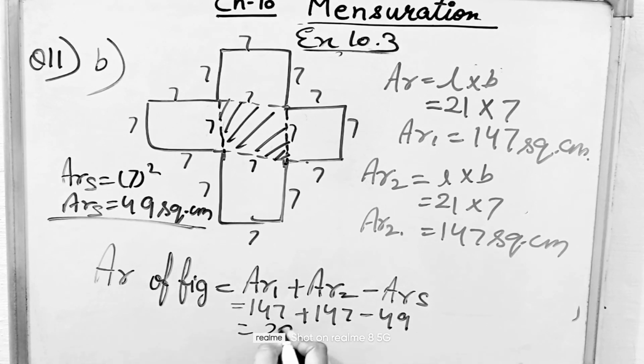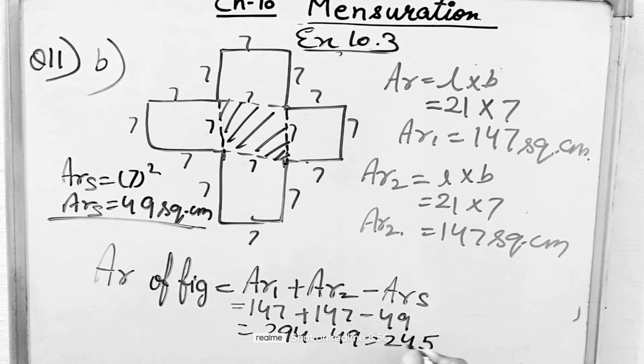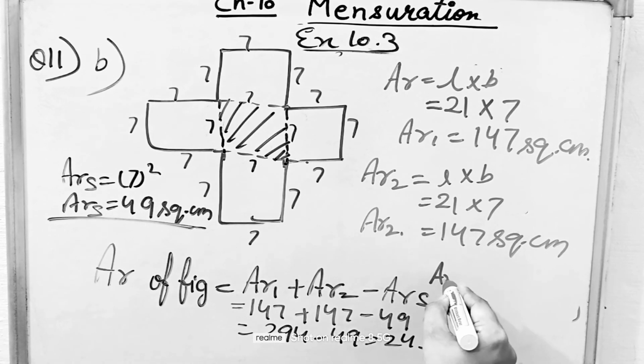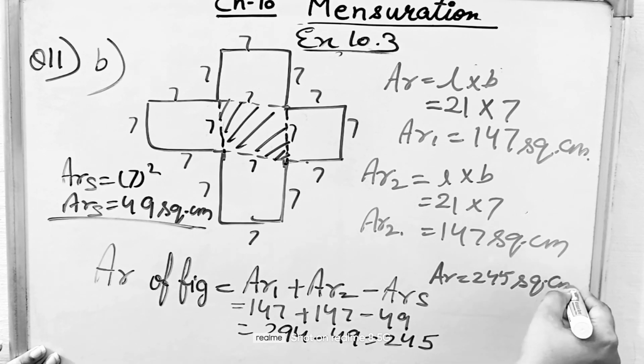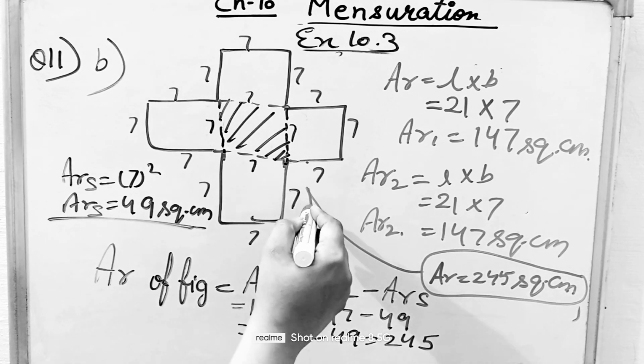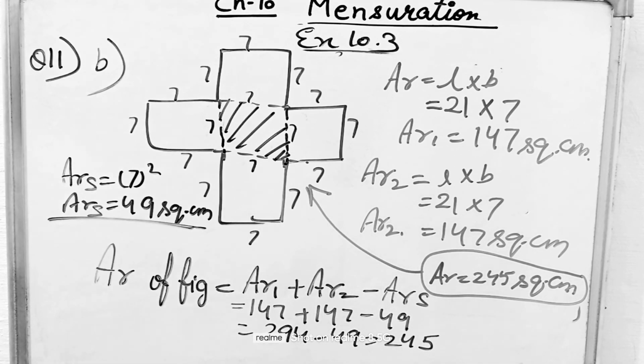So this will become 294 minus 49, and finally it will come 245. So area is 245 square centimeters. This is the area of this given figure. I hope it is absolutely clear.